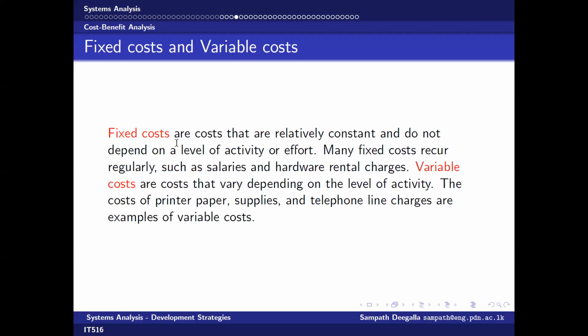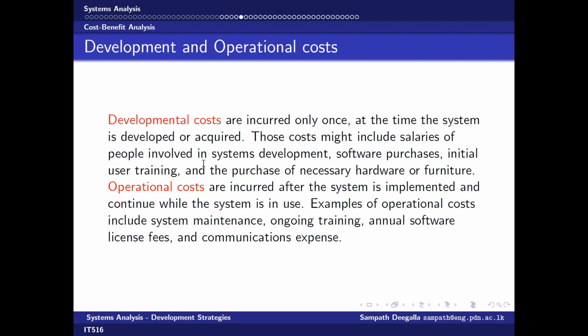Next, fixed costs and variable costs. Fixed means relatively constant, right? So salaries, hardware rental, they are fixed. Then we have variable costs, right? For example, paper, supplies, telephone charges, they are called variable costs. Final one, development and operational. Development means you're going to develop the system. It happens only once.